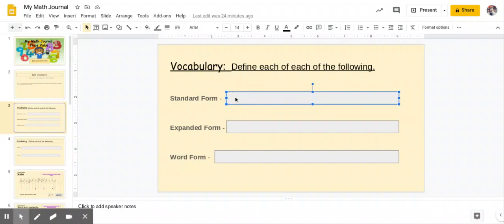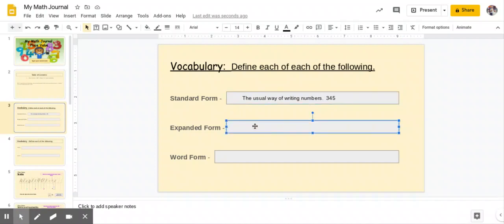Standard form is just the usual way of writing numbers. So standard form would be 345,196,328, just the regular way of writing the numbers.